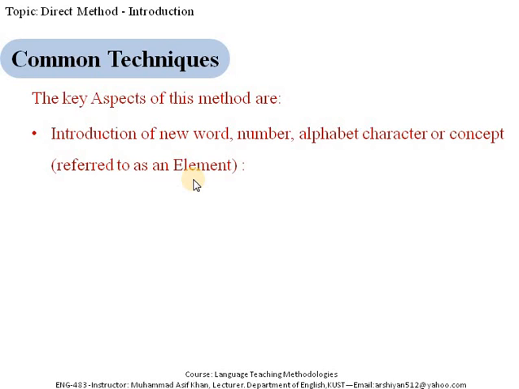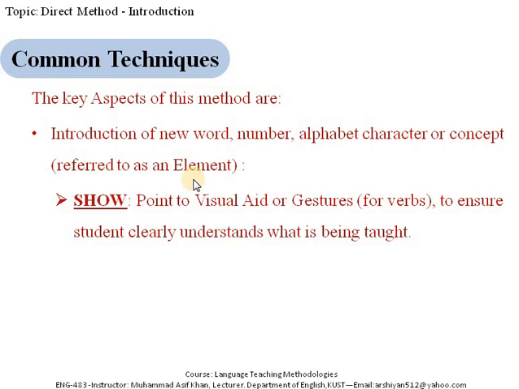First of all, the teacher shows that thing, and the method he uses for showing is that he points to a visual aid, or he gestures, like when he is introducing some verb to the students, to ensure that students clearly understand what is being taught.